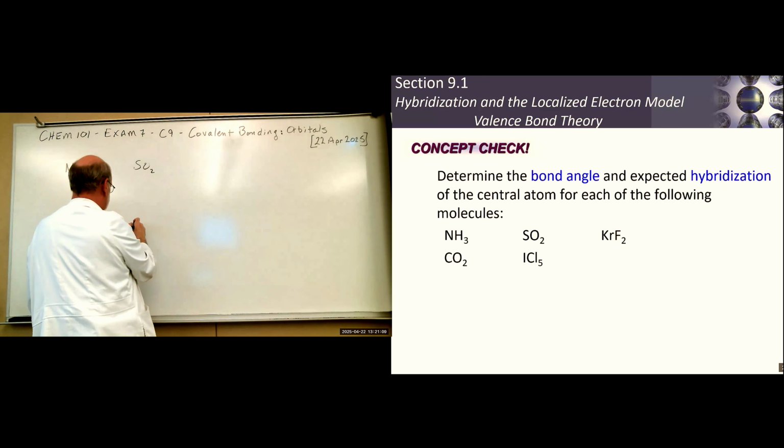So sulfur is 6. Well, we've got 3 6s. That's 18 electrons. That's minus 4 equals 14. 2, 4, 6, 8, 10, 12, 14. Okay. So let's write down here. We have 3 groups around the central atom, which is trigonal planar.